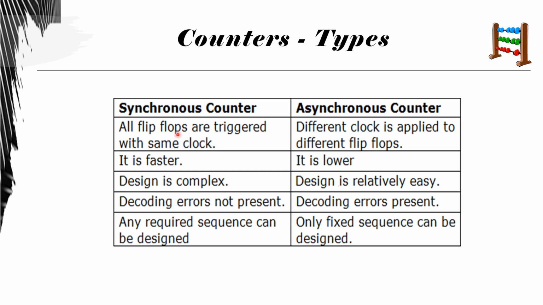As we said, all the flip-flops are triggered with the same clock in synchronous counters, whereas a different clock is applied to the different flip-flops in asynchronous counters. Synchronous counters are faster because the same clock is applied to all the flip-flops and they can activate simultaneously, whereas asynchronous counters are slower.